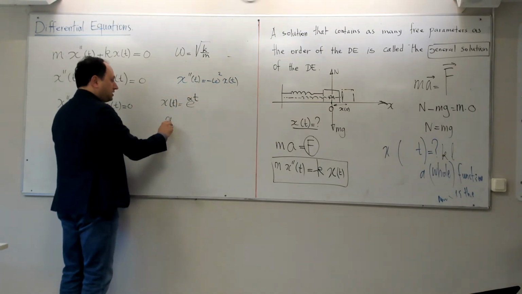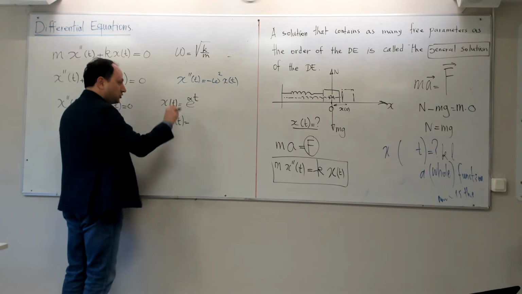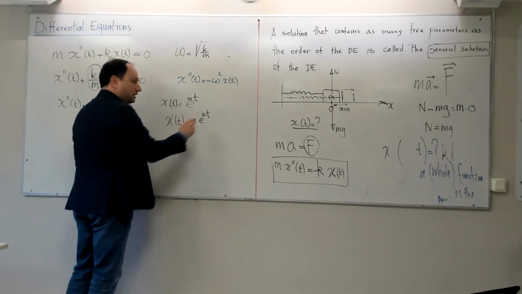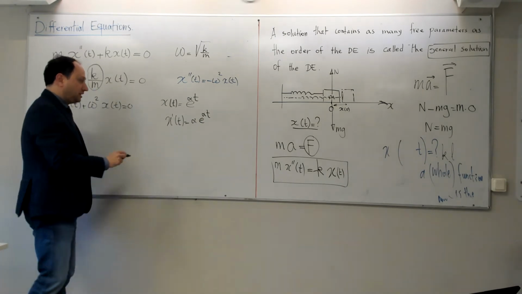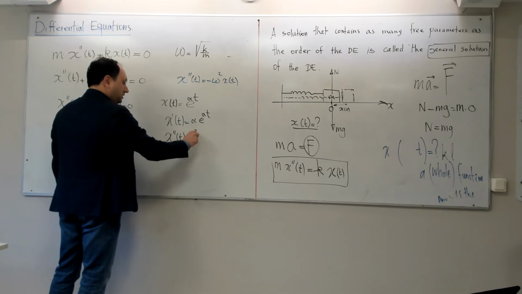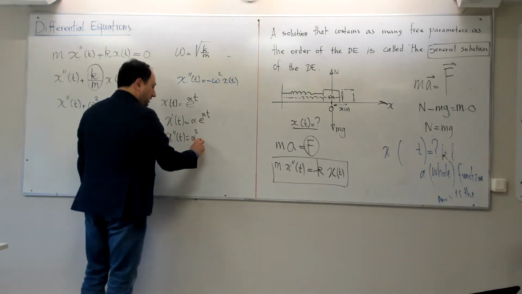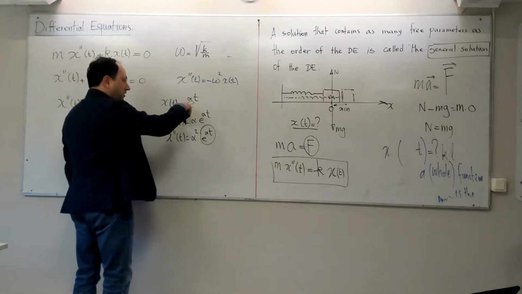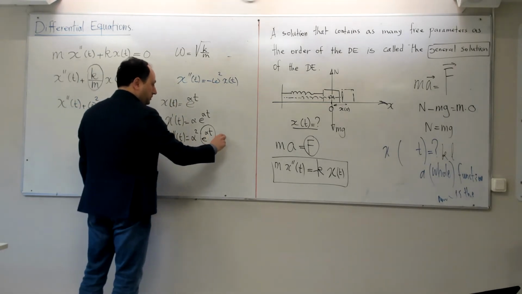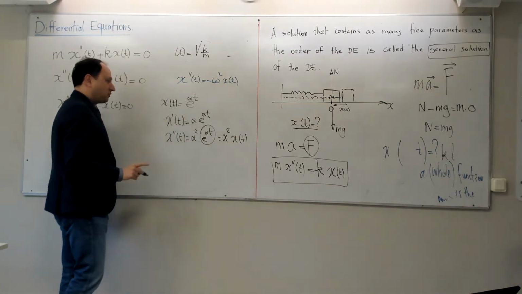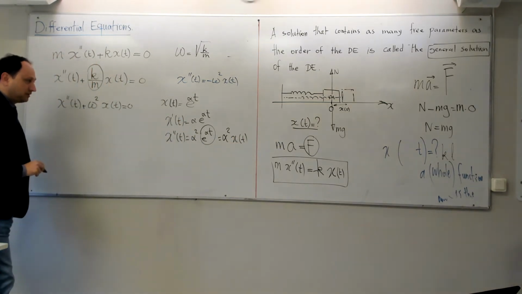So if I differentiate it once, it's good because alpha goes down, and then I have e to the power of alpha t. If I differentiate it once more, you see alpha squared comes in, and then e to the power of alpha t, but instead of this one, I can write x of t, so it becomes alpha squared x of t. So it means that Alex was not that wrong.